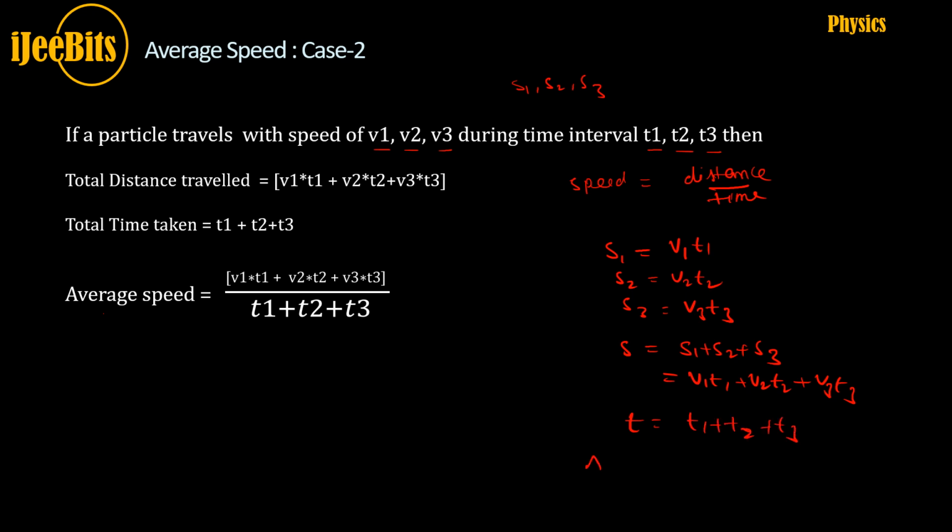So average speed is nothing but total distance by total time, right? V1 T1 plus V2 T2 plus V3 T3 divided by T1 plus T2 plus T3 is the average speed. This is very important. I think you people try to understand, because we will get very simple, straight problems too.